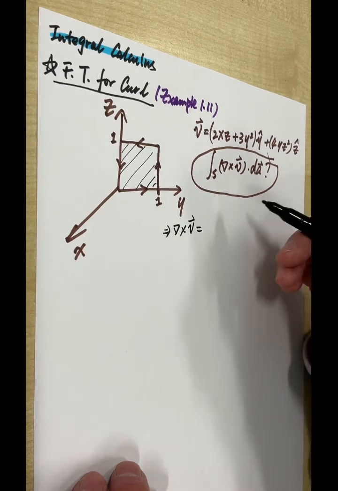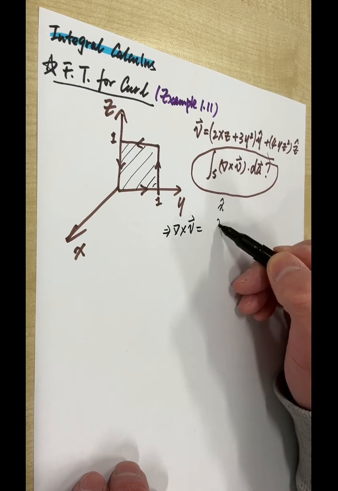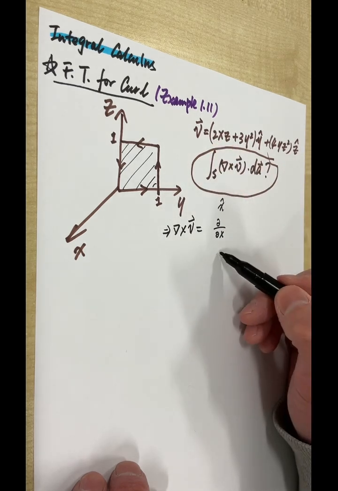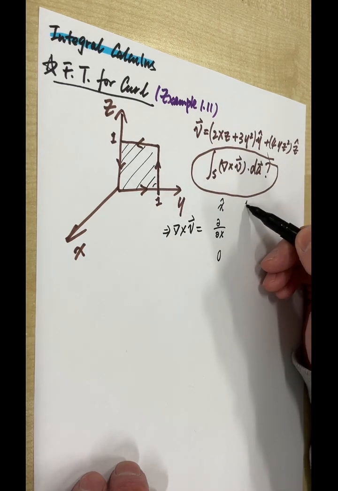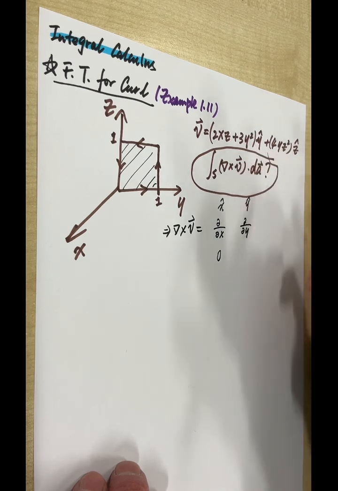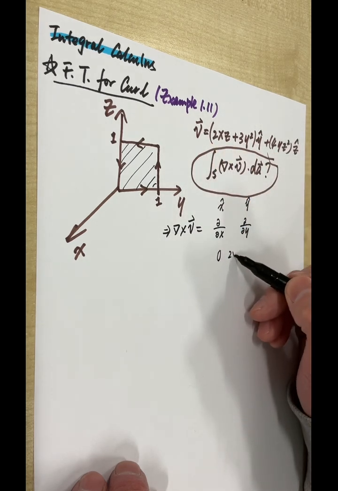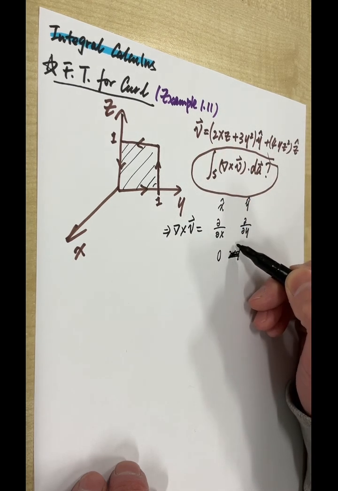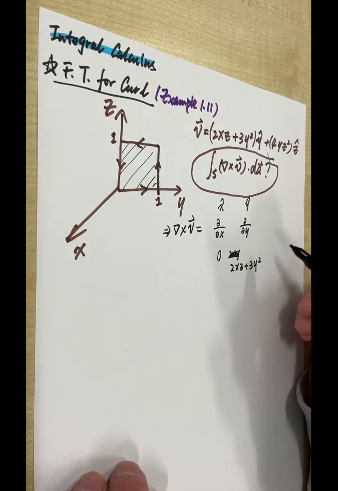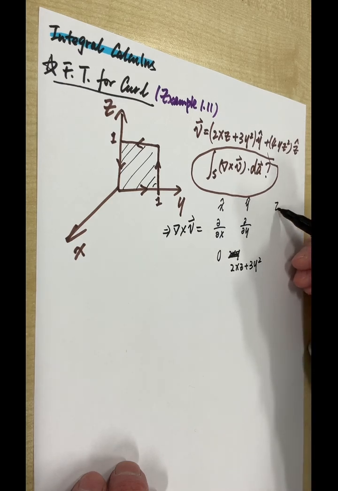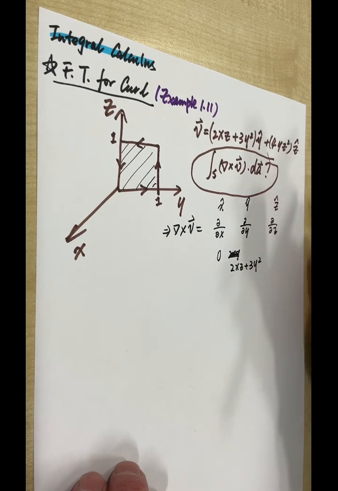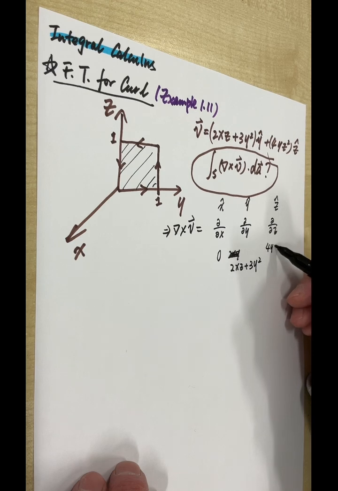So I have the determinant where we have x direction dx, and on x direction vx equals 0, right? And then we have y direction dy, and on the y direction we have this whole thing, which is 2xz plus 3y squared. And then we have z direction dz, and then we have this term, which is 4yz squared.